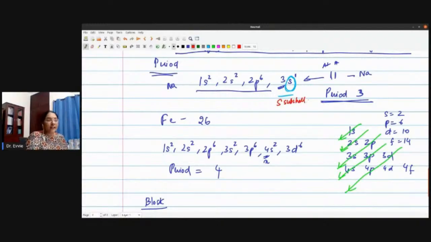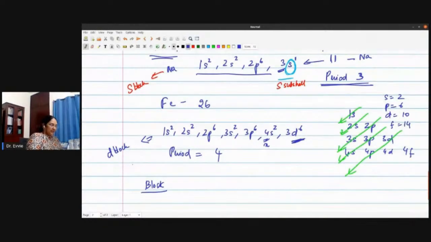So depending on that, you can say that it belongs to S block. So sodium belongs to S block. Similarly, in iron, when I write the electronic configuration, the last electron enters the D subshell. So this belongs to D block. I hope it is clear. So block and period is very easy.